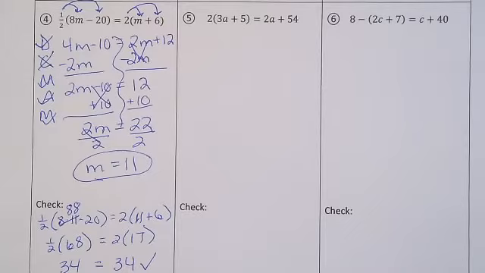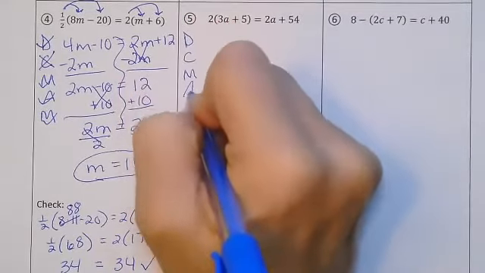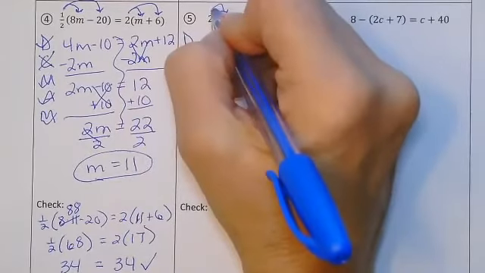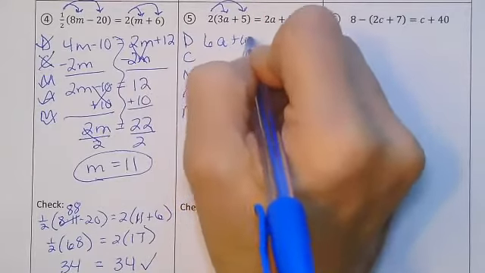Okay, so you have had time to do numbers 5 and 6. So we're going to go through them step by step, starting with Don't Call Me After Midnight. So you should have distributed first to get 6a plus 10.